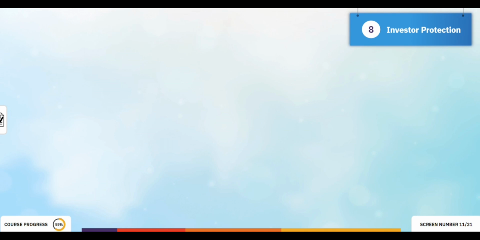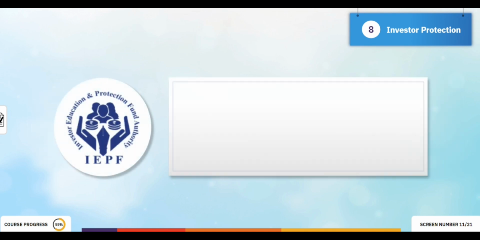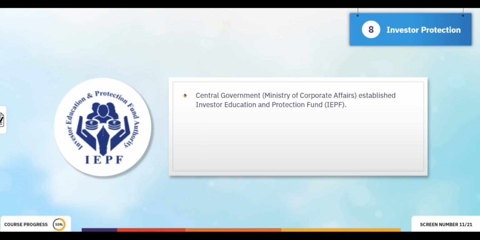Principal Reform Measure 8 is investor protection. In order to protect the interest of the investors and promote awareness, the Central Government Ministry of Corporate Affairs, earlier known as Department of Company Affairs, established the Investor Education and Protection Fund in October 2001.